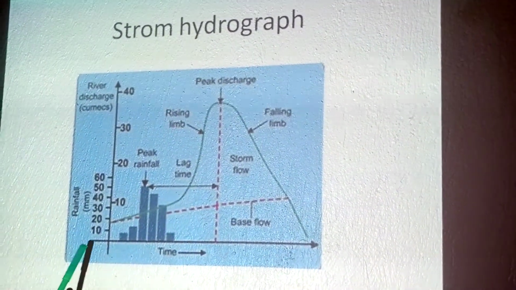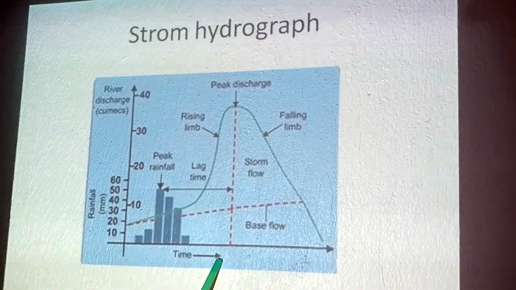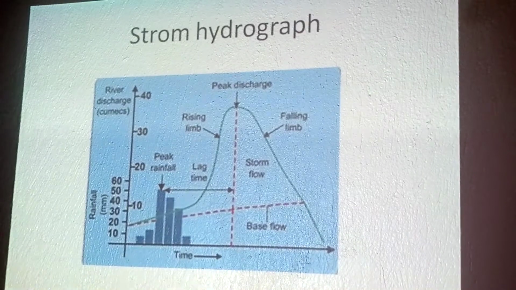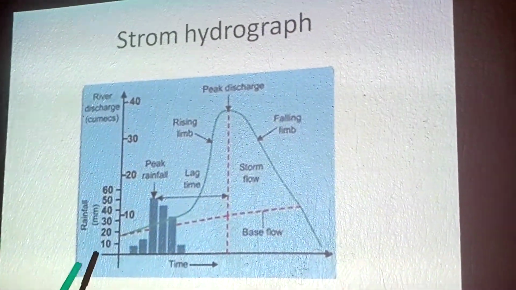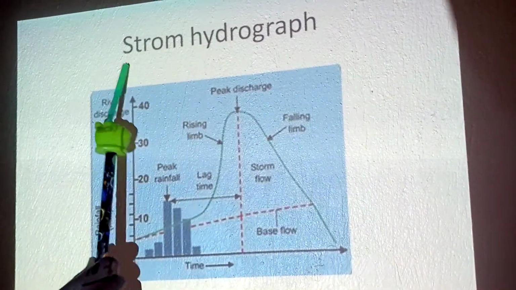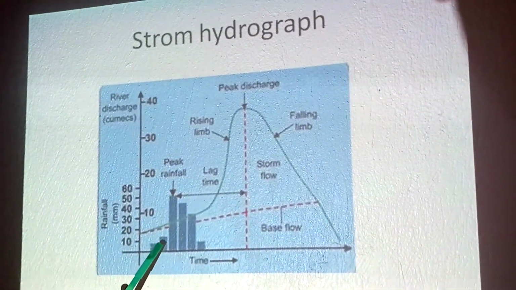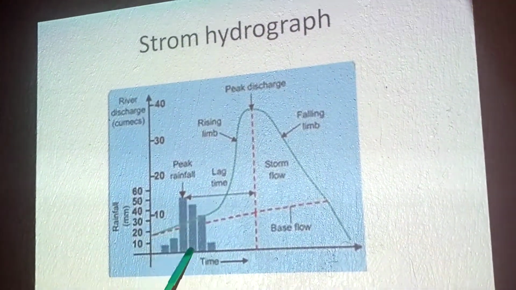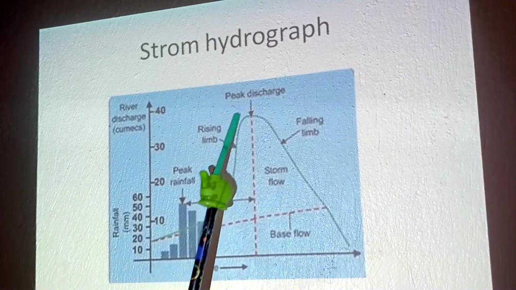So as I said, on the x-axis we put time in hours or in days. It's for a single precipitation event. Then on the y-axis we put both precipitation, shown by these bars, and the discharge, which is shown by this green curve.